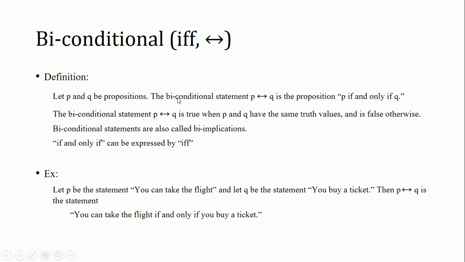The biconditional statement P if and only if Q is the proposition "P if and only if Q." The biconditional statement P if and only if Q is true when P and Q have the same truth values and is false otherwise. Biconditional statements are also called bi-implications. If and only if can be expressed by iff with double F. Okay?